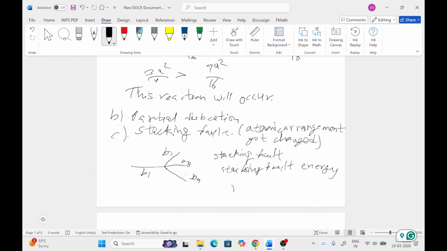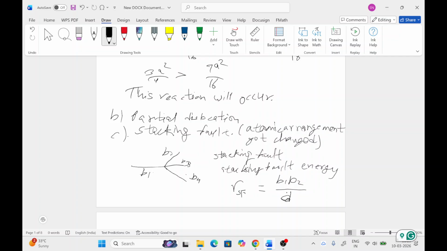This is written as gamma, the energy of the stacking fault, and is given by the multiplication of Burgers vectors divided by the distance between these partials.